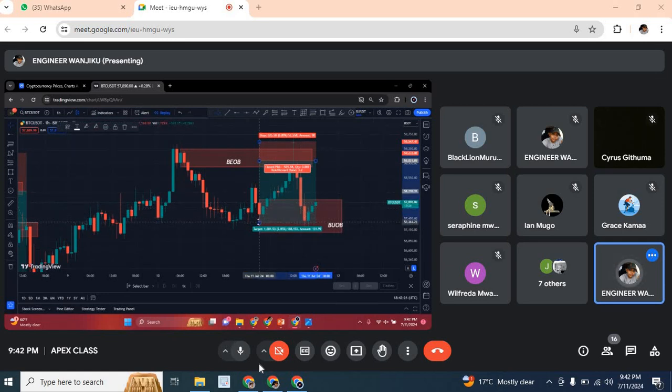You can take 50% of this bullish order block, or the bottom of it. No wonder I was saying, to be safe, it's better to use 50%, because if I take the bottom of this bullish order block, my take profit will not be triggered. But if I take 50%, then I'm on the safer route. So I'll have a bearish order block as my entry right here, and my bullish order block as my exit at this point.